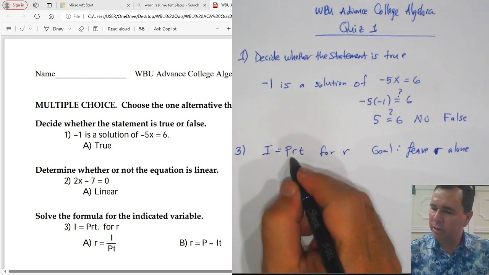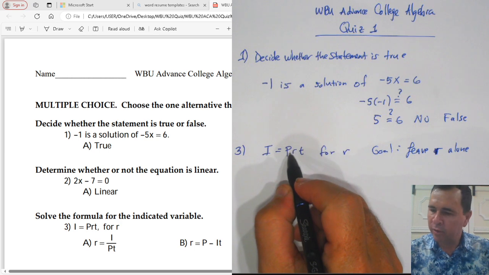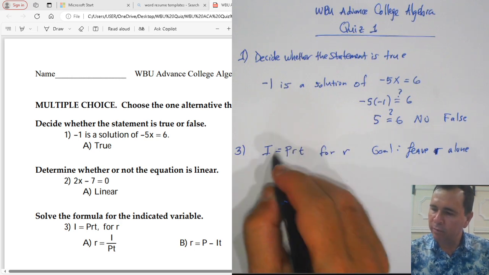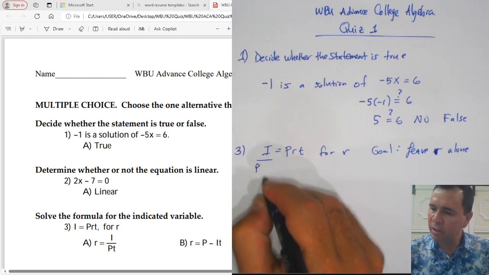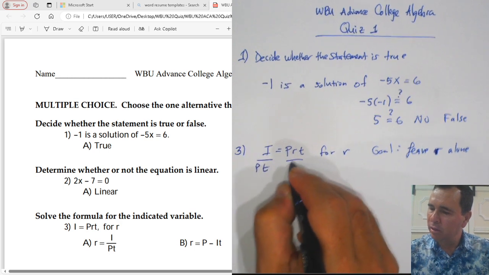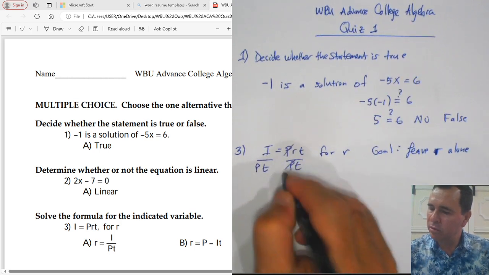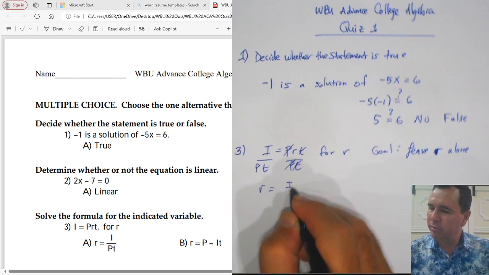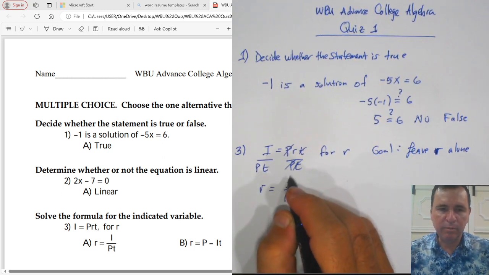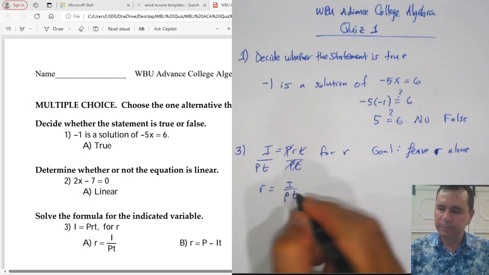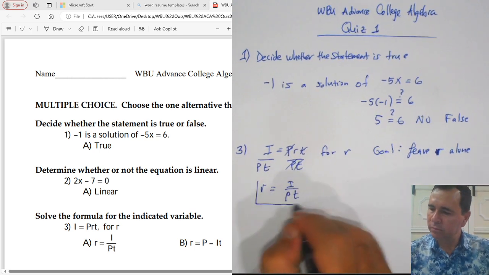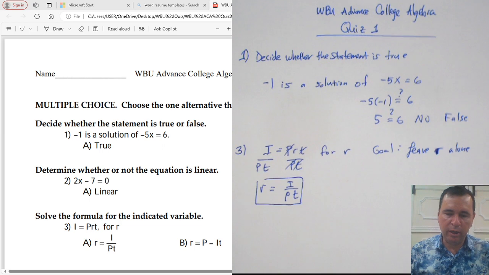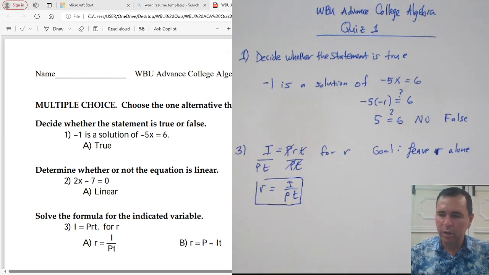Okay, so notice that it's being surrounded by P and T, so we have to divide both sides by P and T. And so these are going to cancel to 1, and we're going to have R equals I divided by P times T. Okay, you go ahead and do question number 4. I'll do number 5.